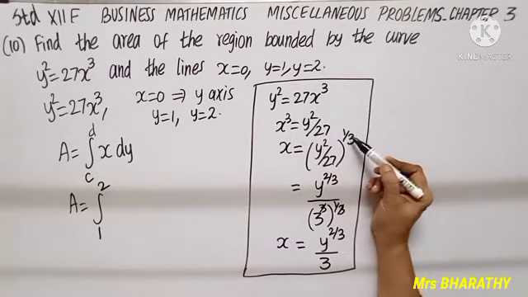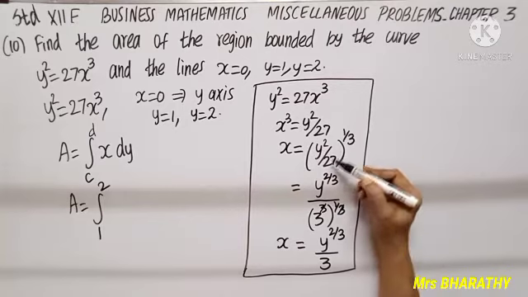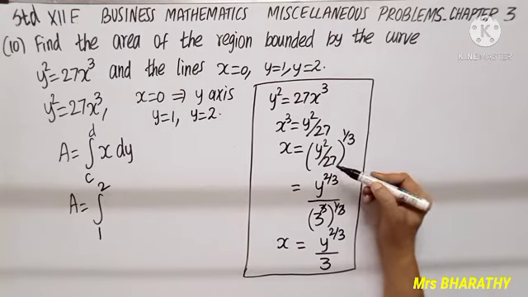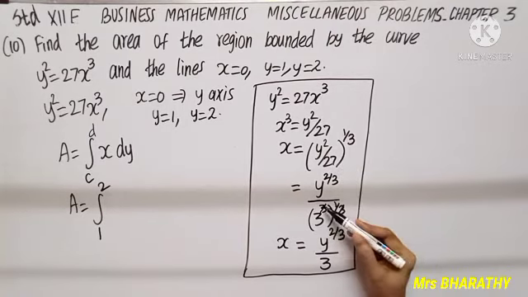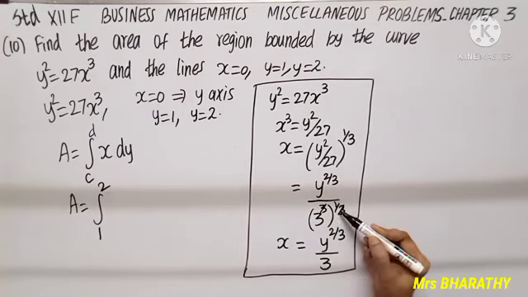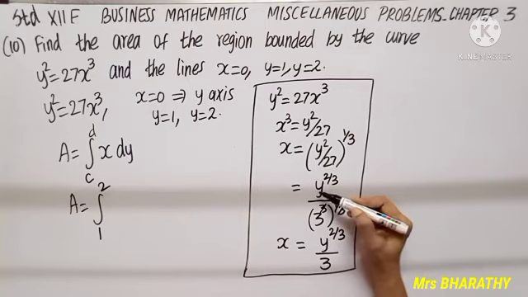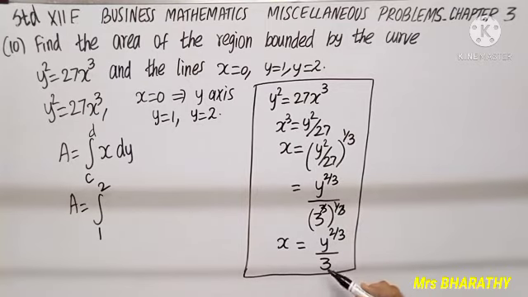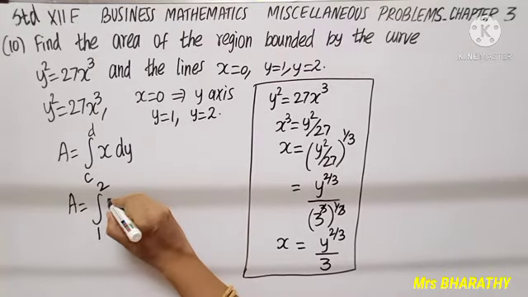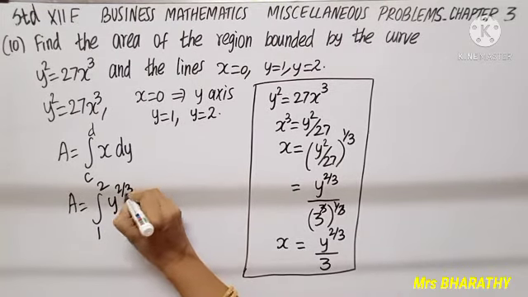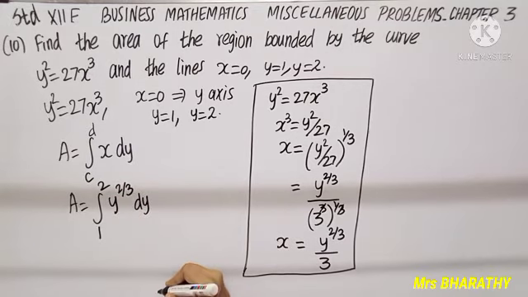Y power 2 by 3. 27 power 1 by 3. 27 can be written as 3 power 3, the whole power 1 by 3. 3 gets cancelled, giving us y power 2 by 3 by 3. Now as I substitute here, it is y power 2 by 3 dy.